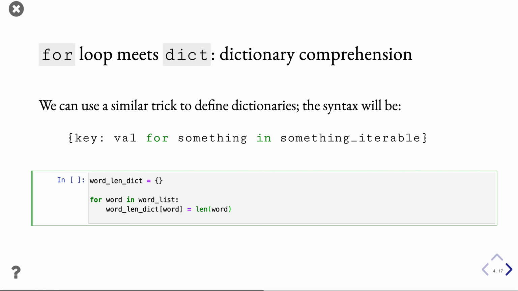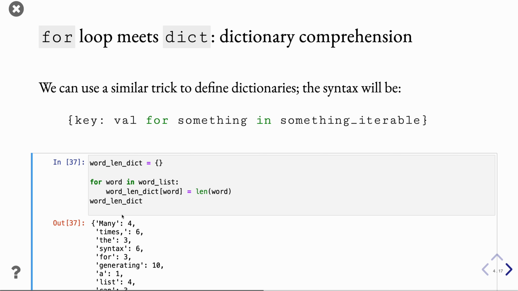Does this make sense? What is this going to give you? The length of each word. Exactly. So this gives us a dictionary where for every word we have the length of that word.